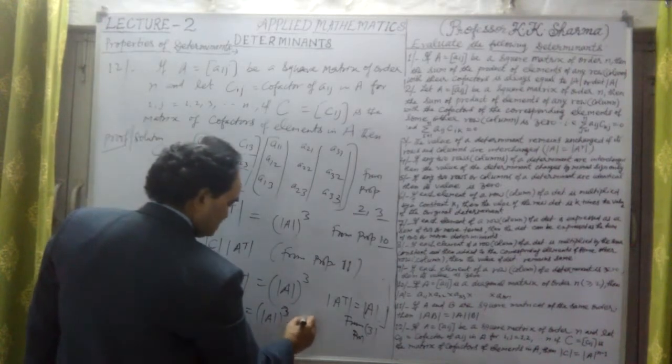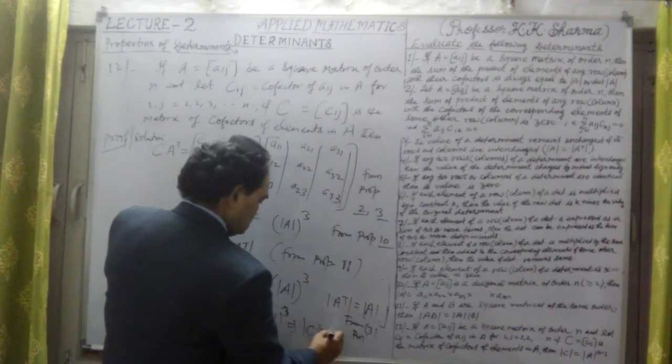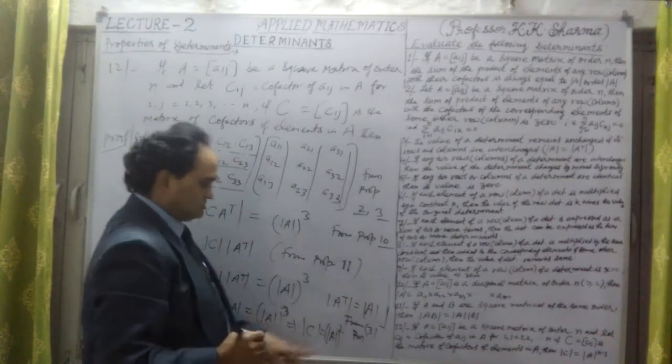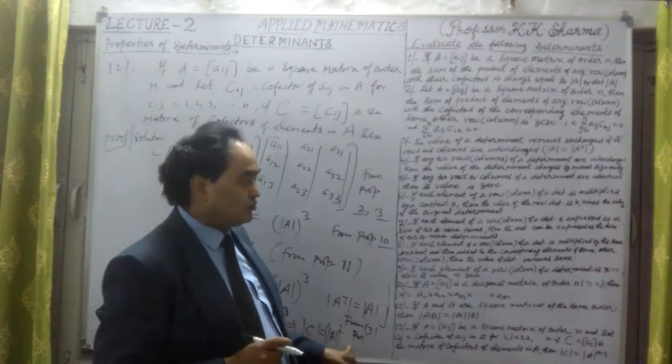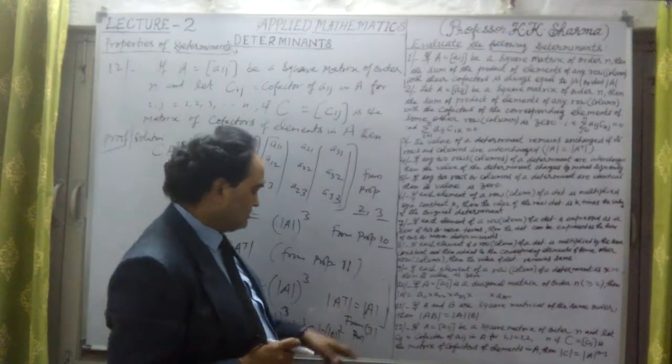This implies that the determinant of cofactors is equal to determinant of A whole square only. This is 3 minus 1. We have proved here that the power has come out as n minus 1.